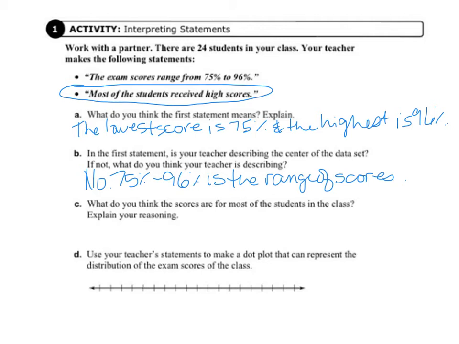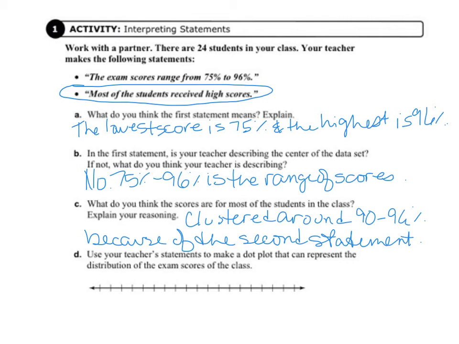And since the exam scores ranged from 75 to 96%, we can guess that most of the students' scores were about 90 to 96% because that would be a high score. So we can say that they were about 90 to 96% because of the second statement.